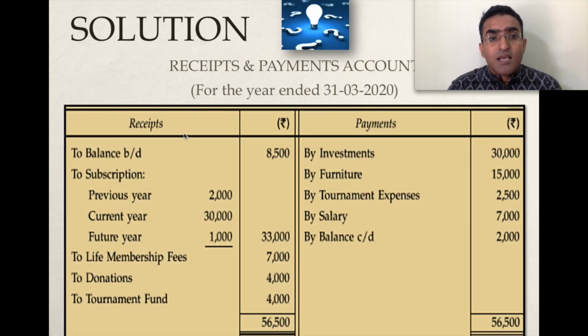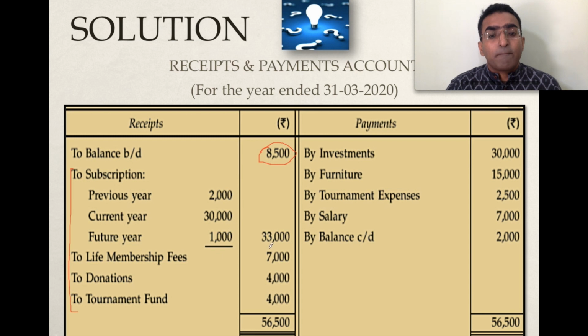So the thing is, on the receipts and payments side, we start with the opening balance of cash, that is 8,500, and then see all the receipts, simply put them on the debit side. Whatever amount is received, subscription was received for 3 years, previous, current and future, next year.